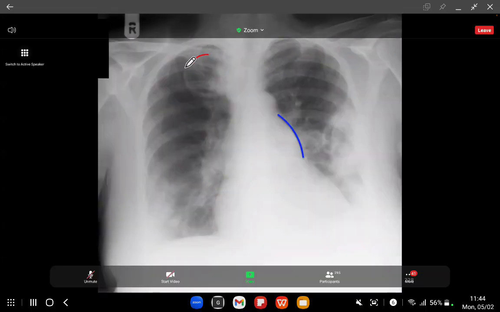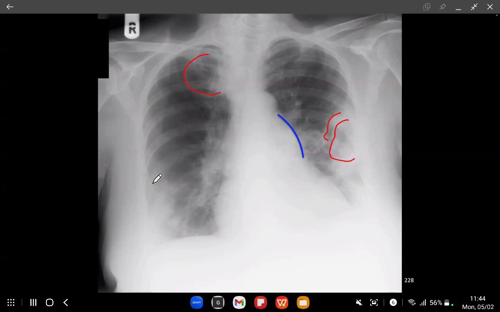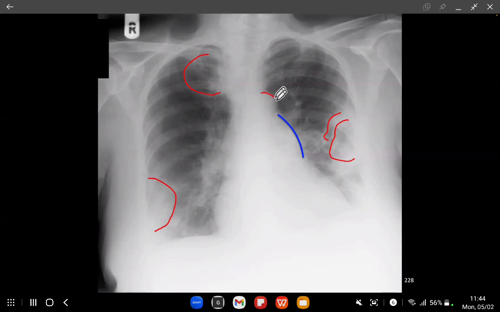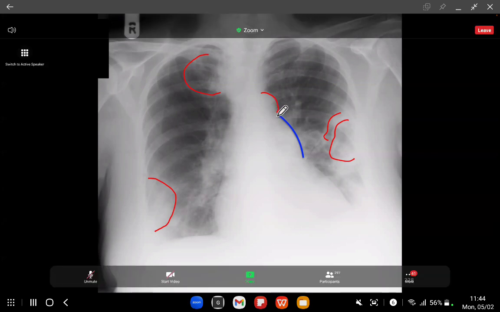Now, here is another cause of cavitary lung lesions. There's a big cavity up here, and another big cavity here, and one behind it. And then there's consolidation just there. And you'll notice that the aorta is here, and the pulmonary trunk, instead of being like that, is now convex outwards.